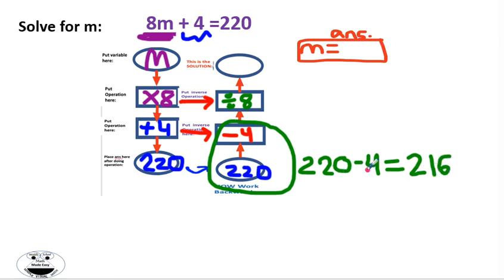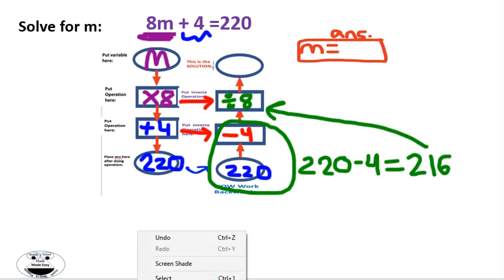So you want to first put this into the calculator separately, subtract 4, or do it in mental math, and then once you get the 216, you're going to do 216 divided by 8. So please make sure that you do it one at a time. If you just put it into the calculator, 220 minus 4 divided by 8, depending on how sophisticated the calculator is, it may do it in the wrong order.